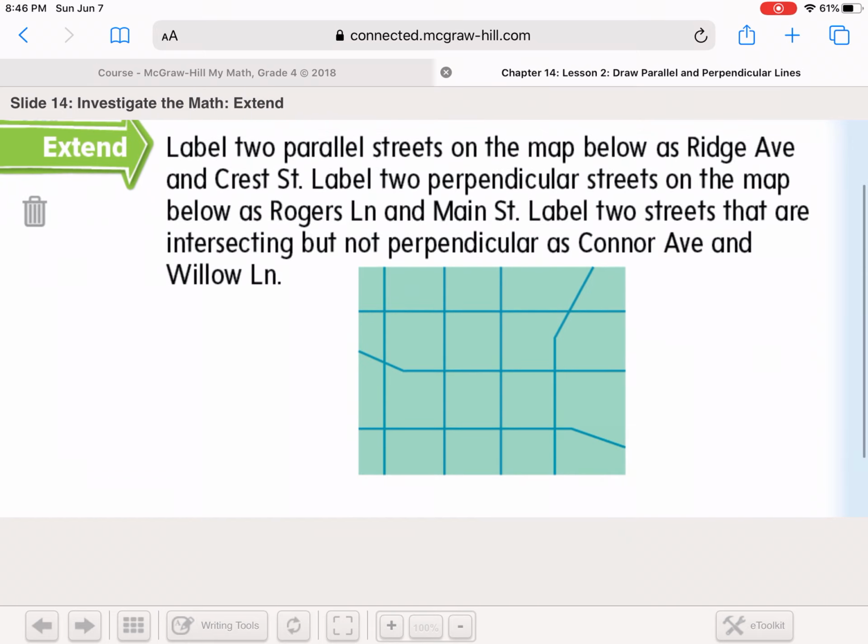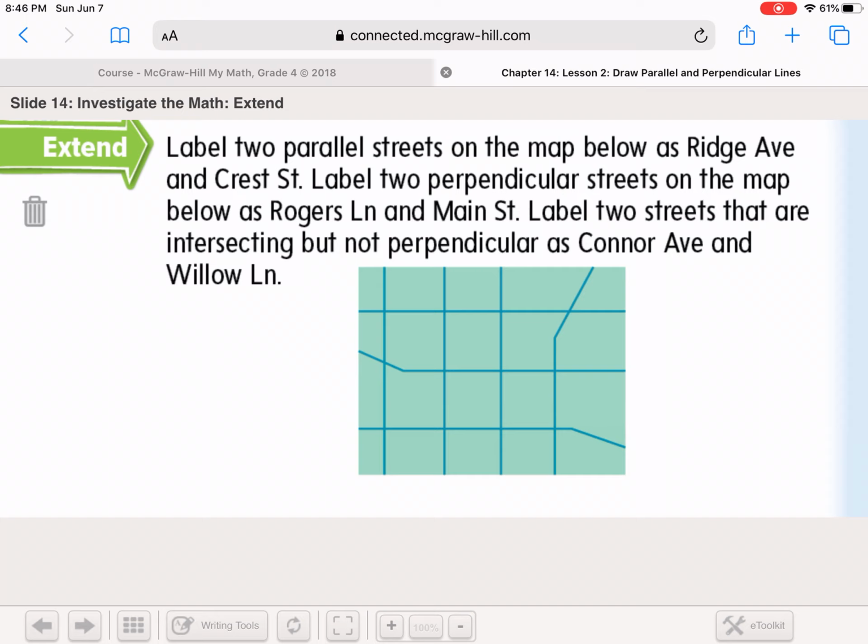Okay, so label 2 parallel streets on the map below. I want you to look at the map and think about a parallel street. And 2 perpendicular streets on the map as Rogers Lane and Main Street.